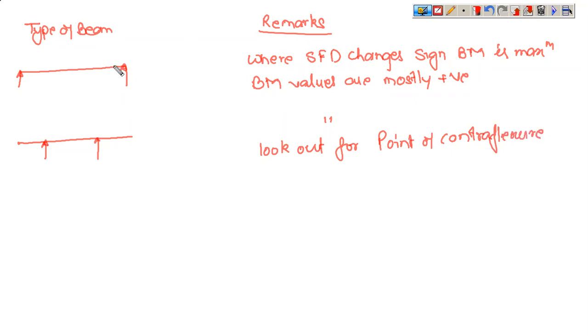Point of contraflexure will occur in a simply supported beam if and only if you have a constant moment. Otherwise, in all cases, point of contraflexure will always exist in case of overhanging beams.